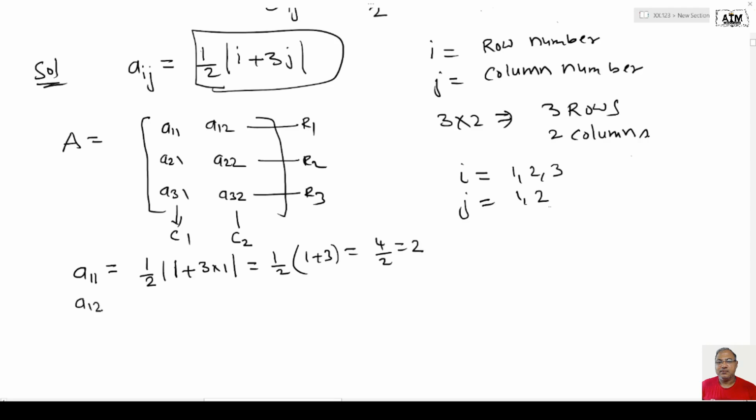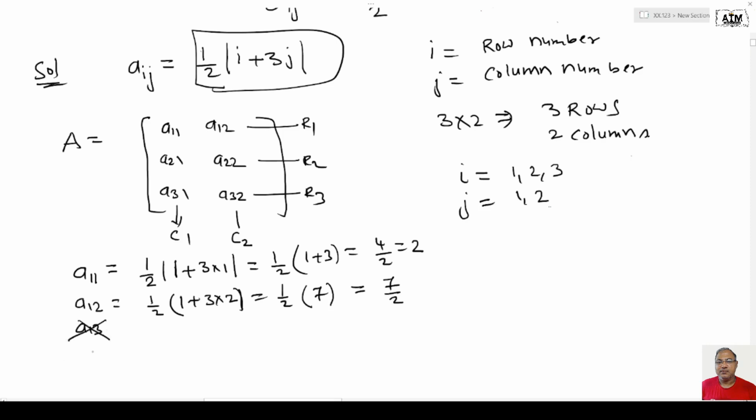Similarly, A12 equals half of 1 plus 3 into 2, that is half of 7, and since it is a modulus we take the positive value, 7 upon 2. Then A13: there is no A13, because the last is A12.